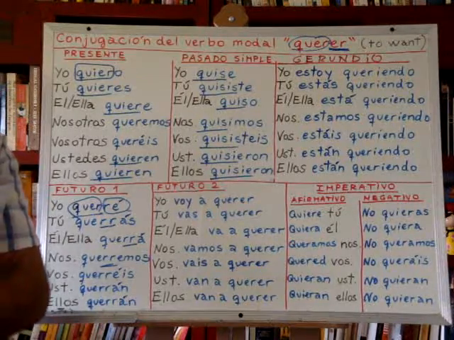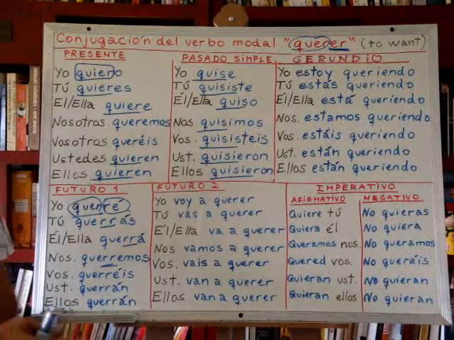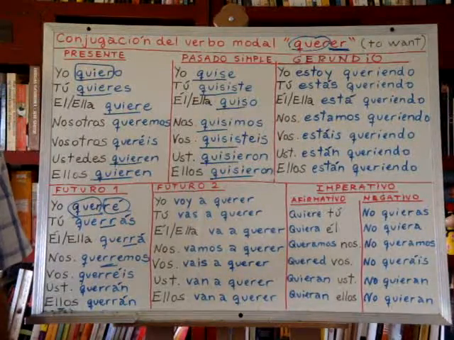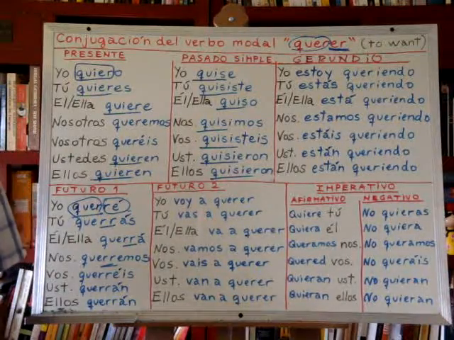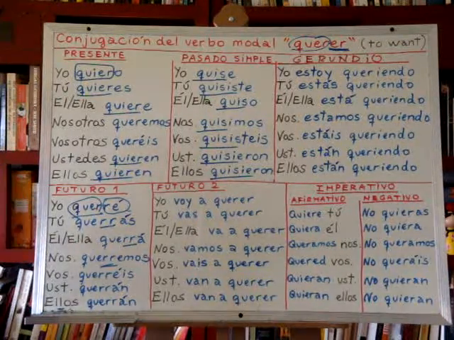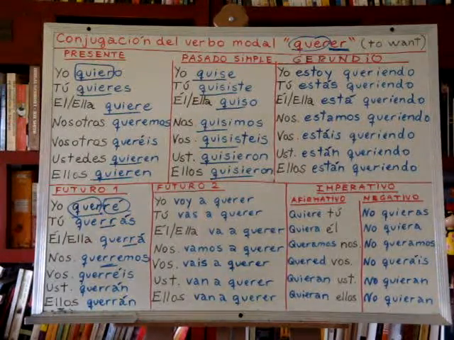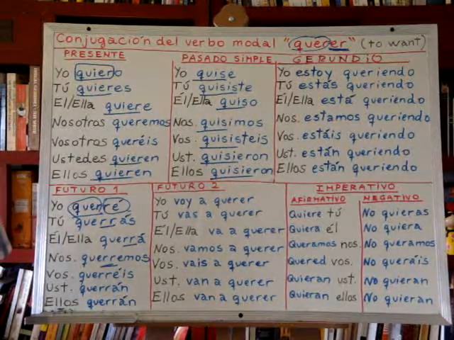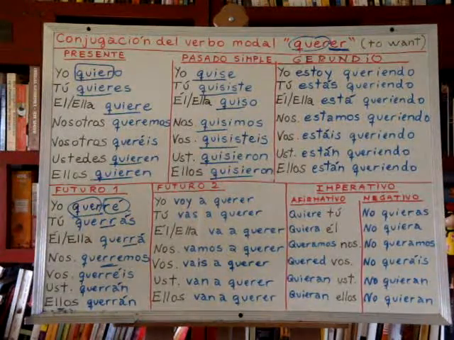Comeré. It is querré. R. Okay, so you have to try to pronounce that with a more dental R sound. I know for English speakers it's a bit more difficult. It's quite Latin sound of R, okay?